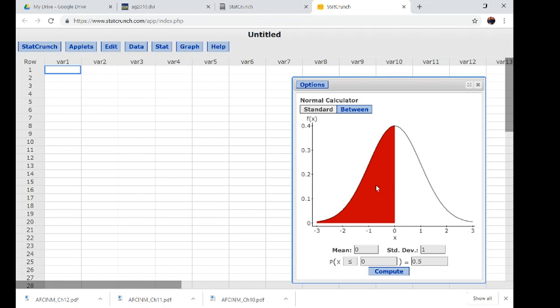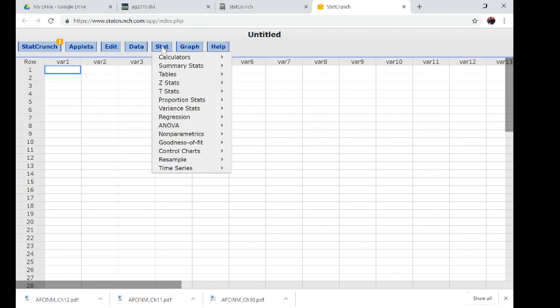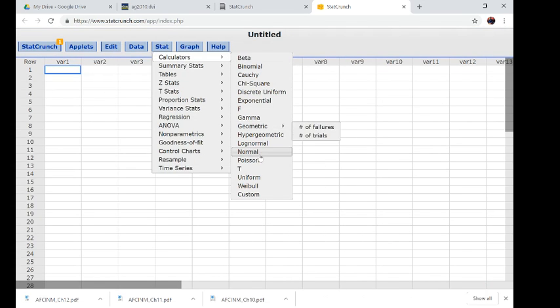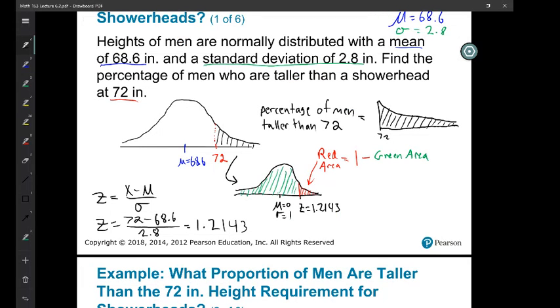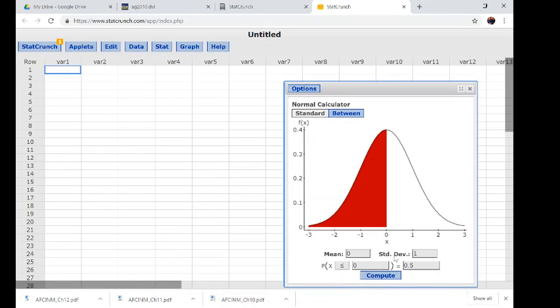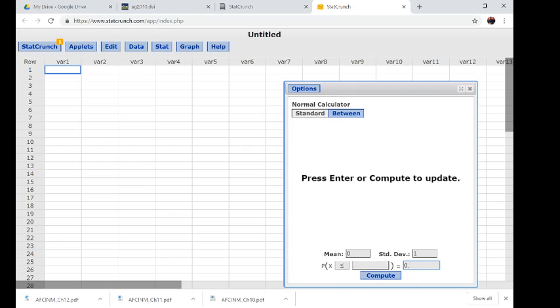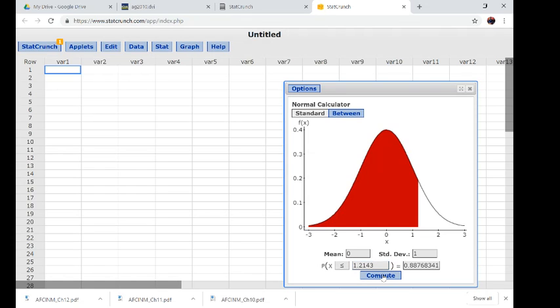With our normal distribution calculator, the way we get that, we go to Stats, Calculators, Normal, and okay, the default mean is 0, standard deviation is 1. So we plug in our 1.2143, and then compute.